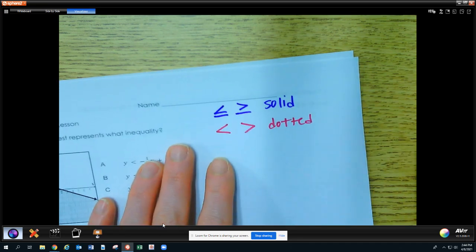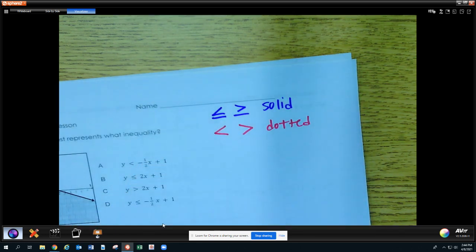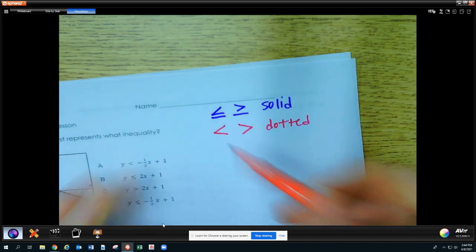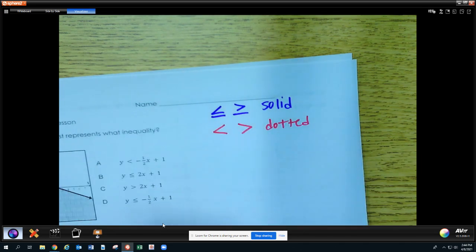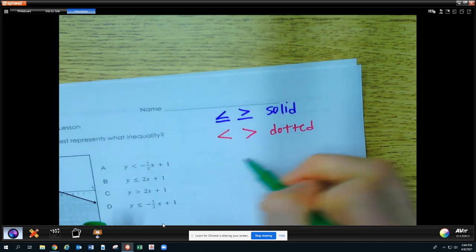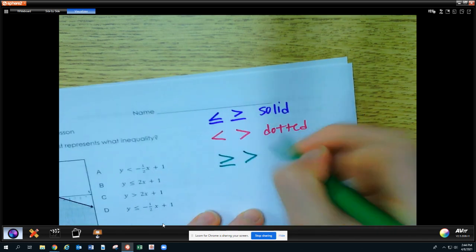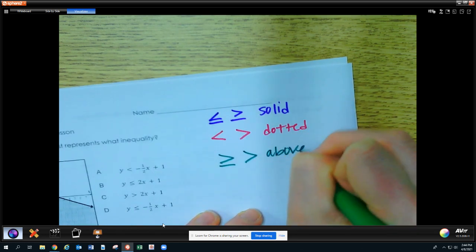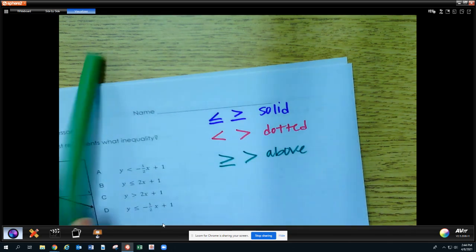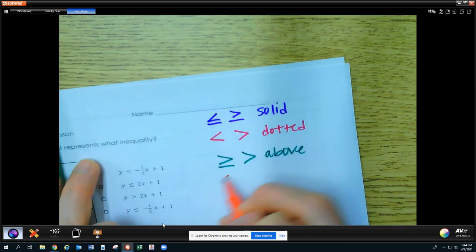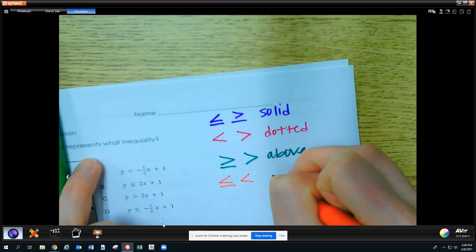The other thing you need to remember is that if you have greater thans, whether it has a line or not, you shade above. And if you have less than signs, whether there's a line or not, you're going to shade below.